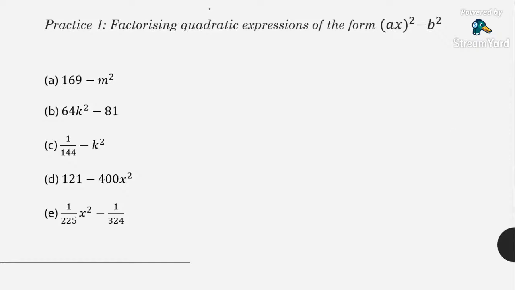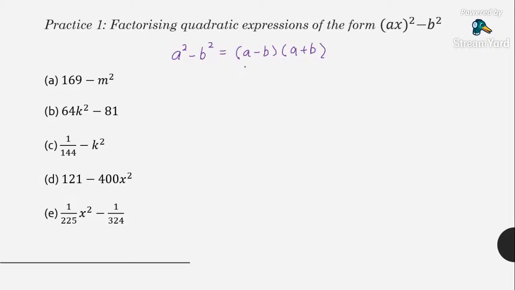You must always remember a square minus b square equals a minus b, a plus b. So this is very important. It helps a lot in your factorization.